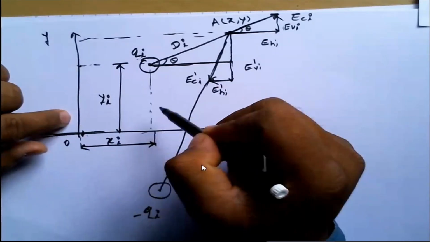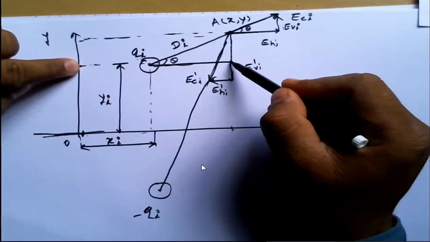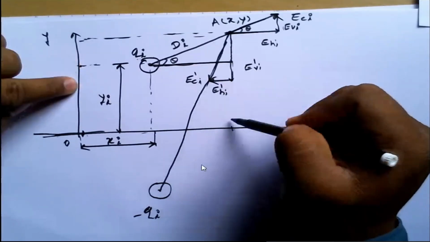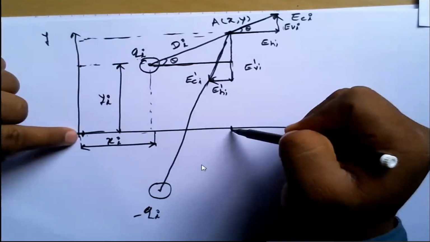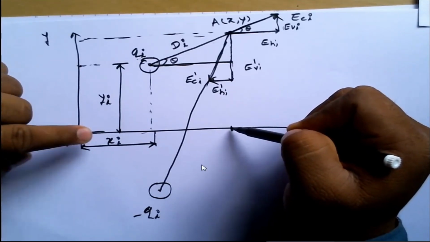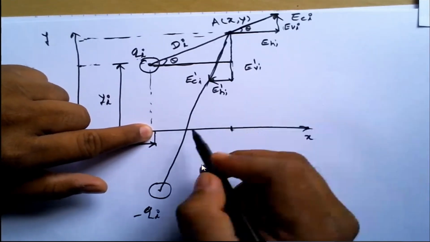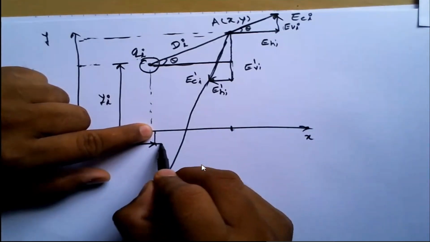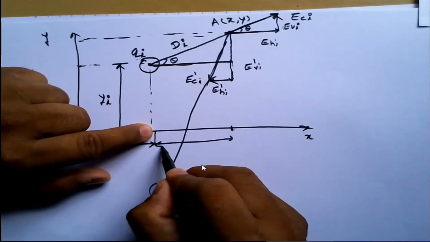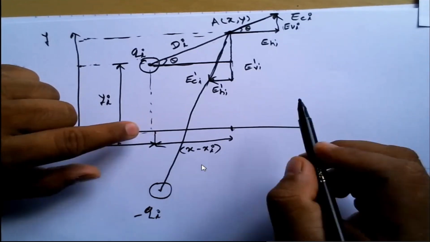What is the total distance from this point to this point? It is x. So what is this distance? x minus xi. Very nice. So see, this distance is x minus xi.